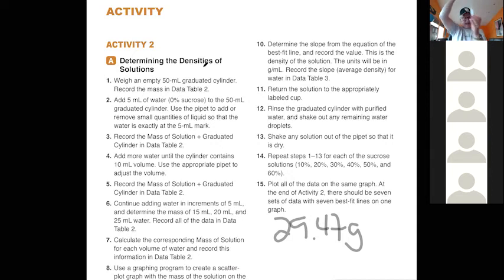Now I've got 10. My mass now is 40.81. I just keep going until I get to 25. Then I'll plot these.